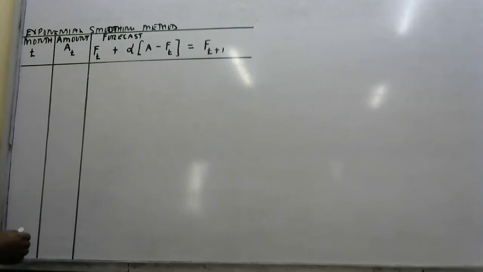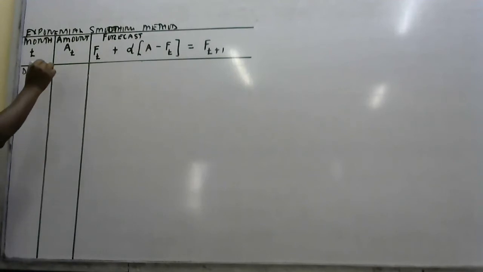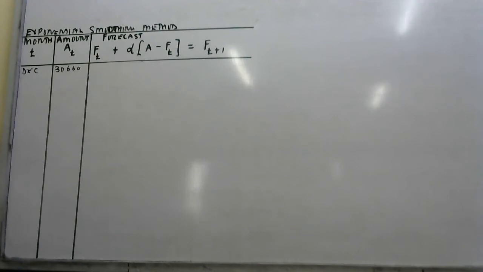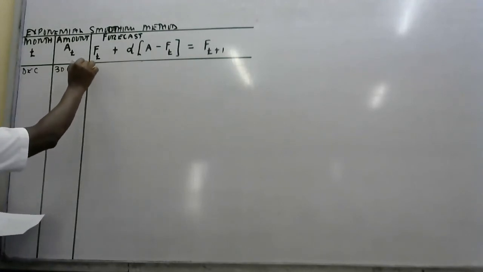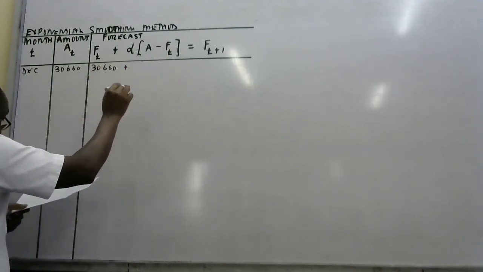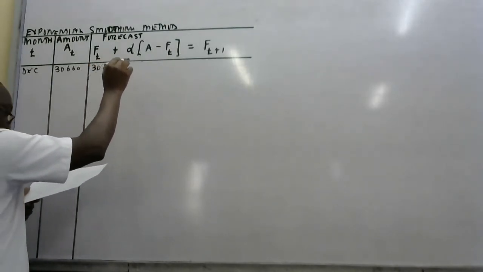So we start with the first month, December. December, we have 3660. I told you for the first period, the value becomes the forecast and the actual. So that would be the forecast here, 3660. Alpha is 0.5.